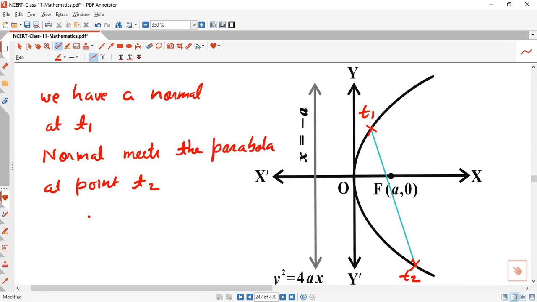You can find out the coordinate of this point T2. T2 will be equal to minus T1 minus 2 upon T1. So this is where a normal meets the parabola at point T2.